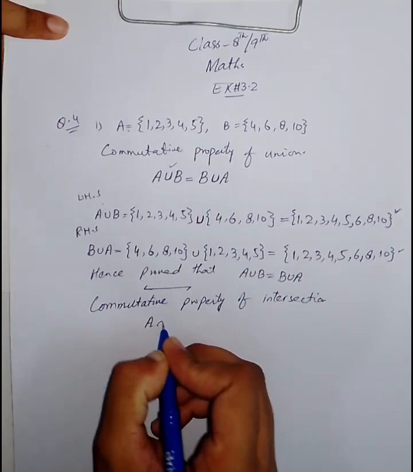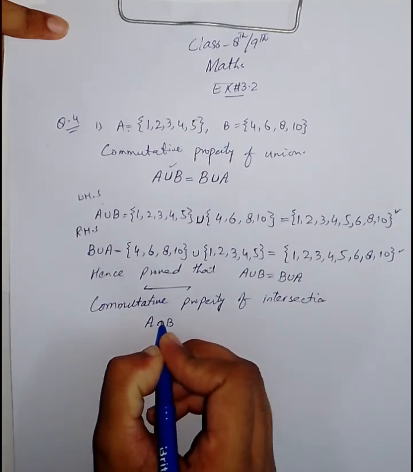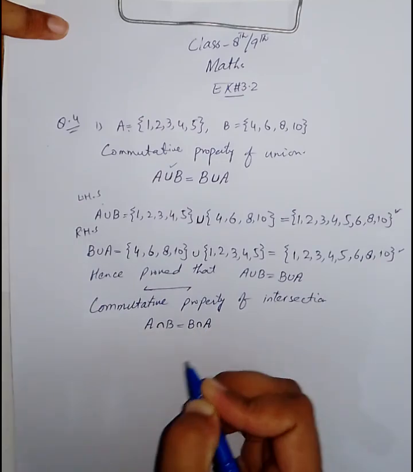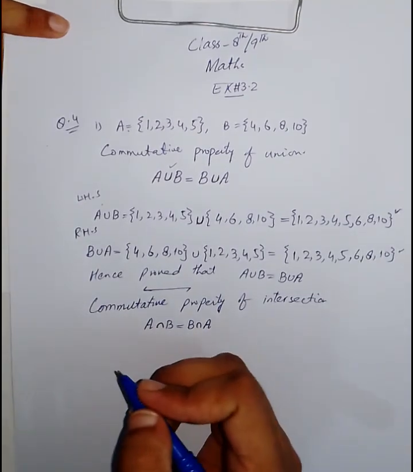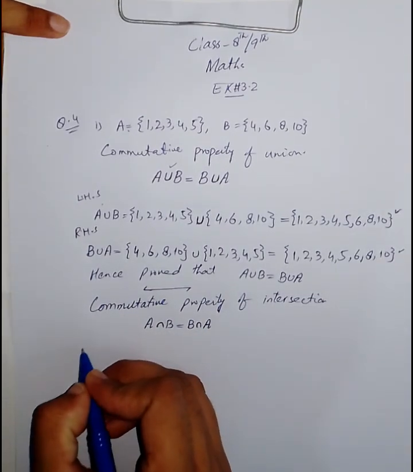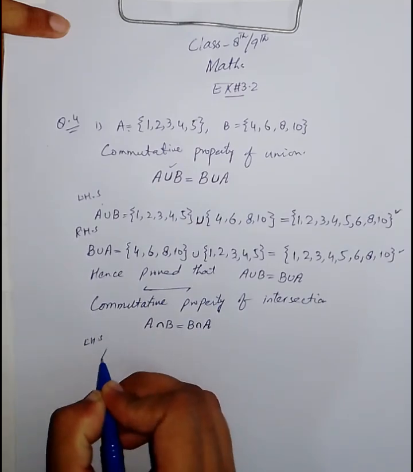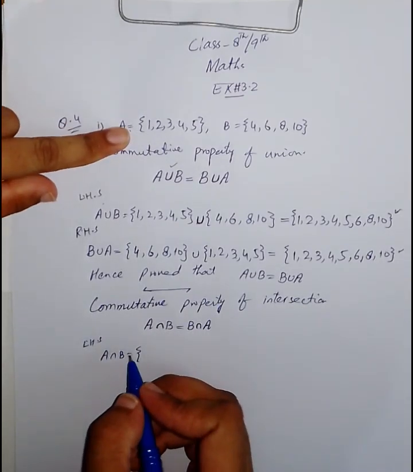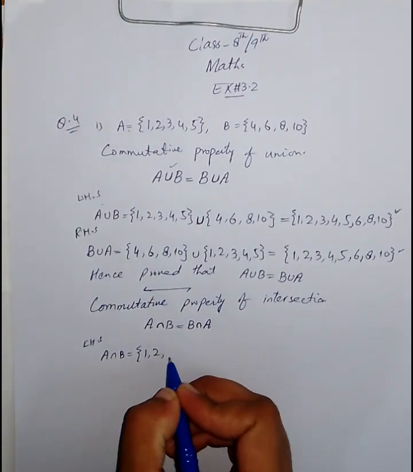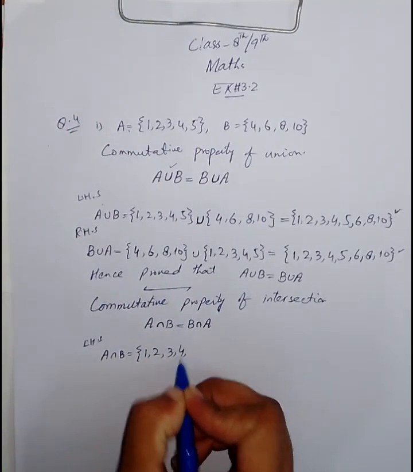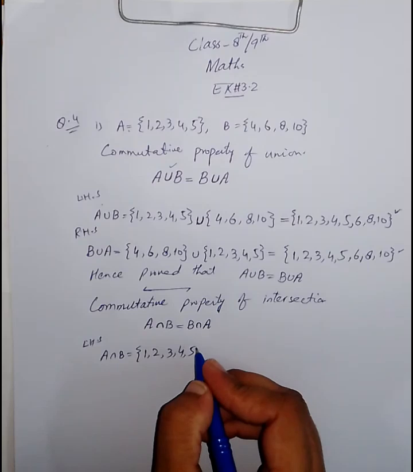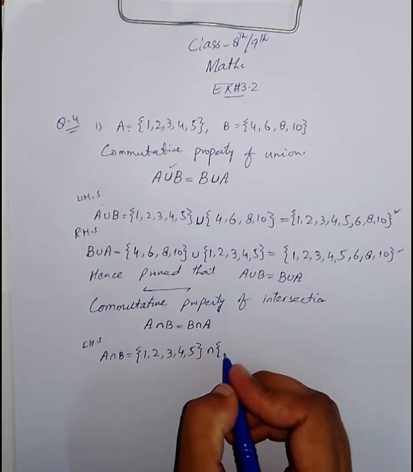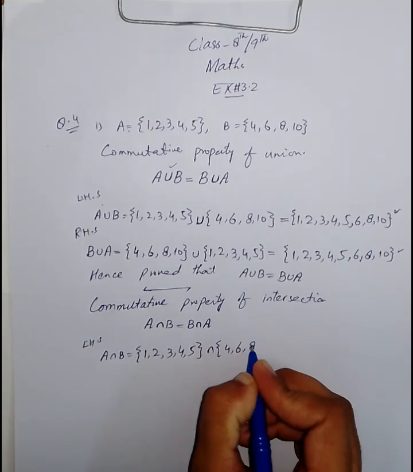Commutative property of intersection says A intersection B equals to B intersection A. So start its solution from left hand side, that is A intersection B. Firstly write set A, that is 1, 2, 3, 4, 5 and intersection B is 4, 6, 8, 10.